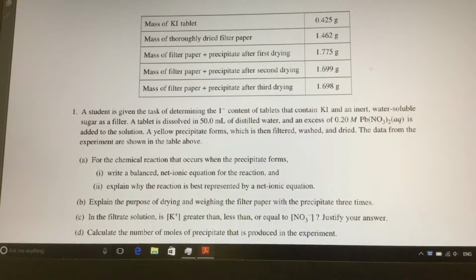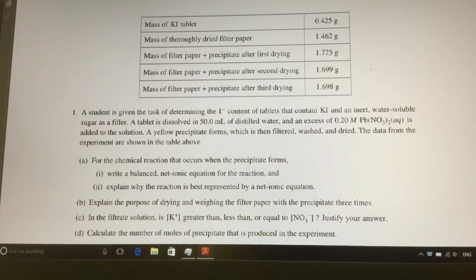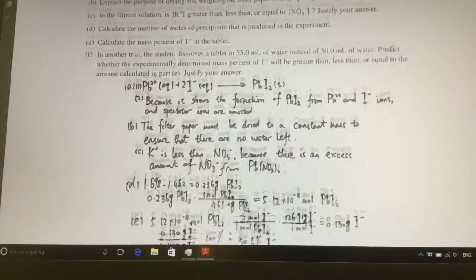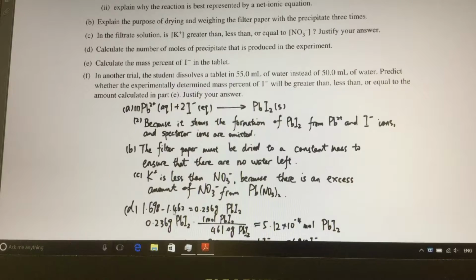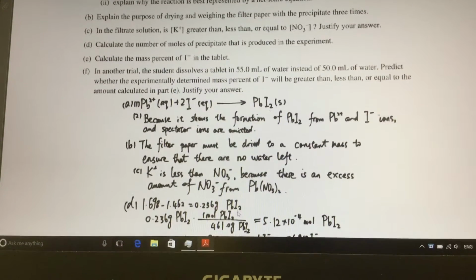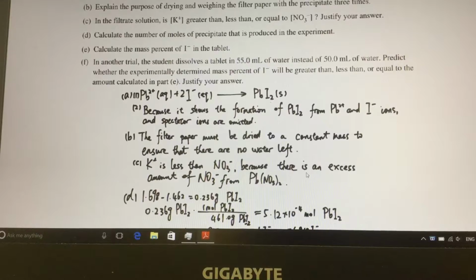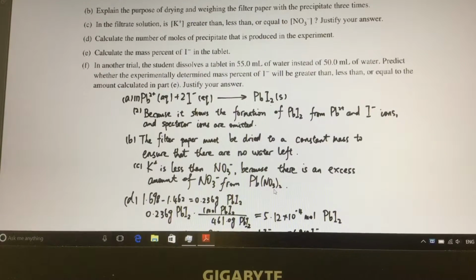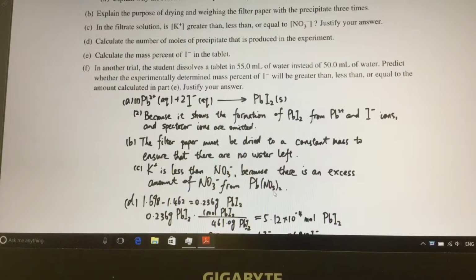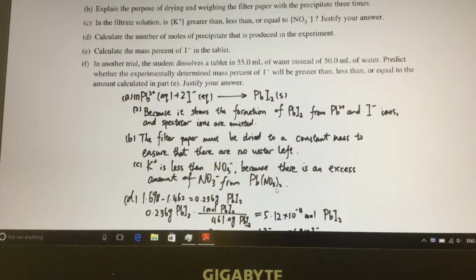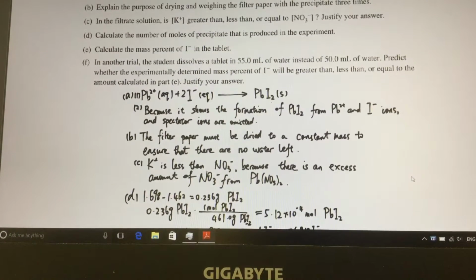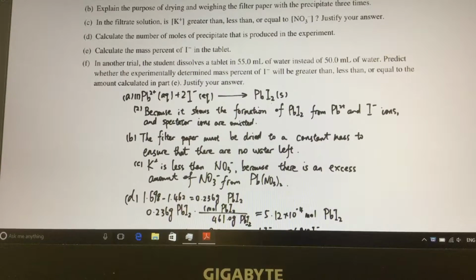Then we just use the conversion factor to find the answer. 1.698 minus 1.426 equals 0.236 grams of lead iodide, and we multiply this by the conversion factor, which is 1 mole lead iodide over 461.0 grams of lead iodide, and we get 5.12 times 10 to the negative fourth moles of lead iodide.